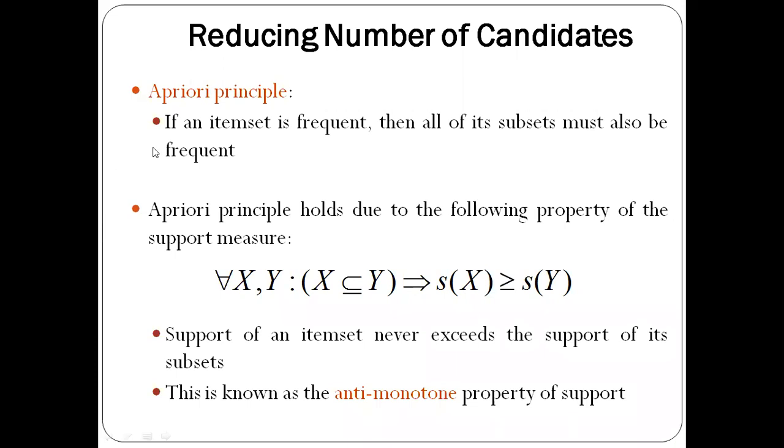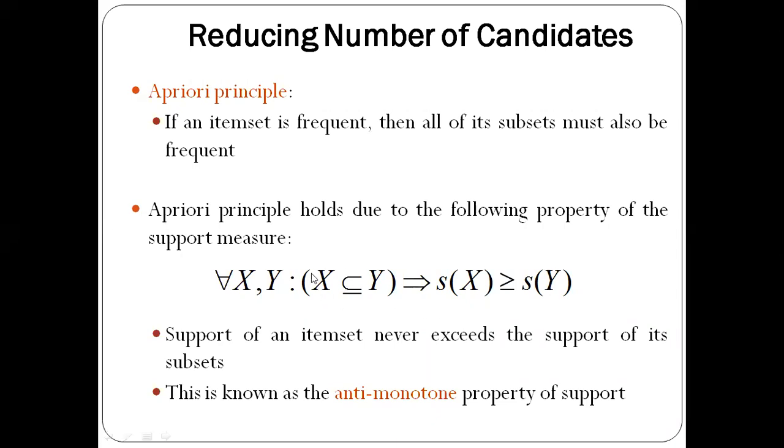This apriori principle is based on a property called the anti-monotone property. See here, if you have two item sets, X and Y, and X is a subset of Y, then the support of X will be greater than or equal to the support of Y. That is obvious.